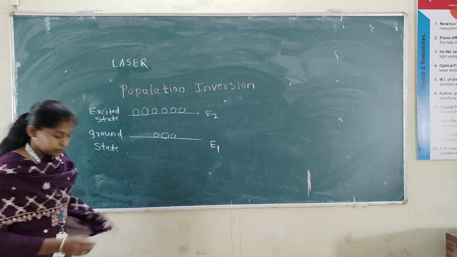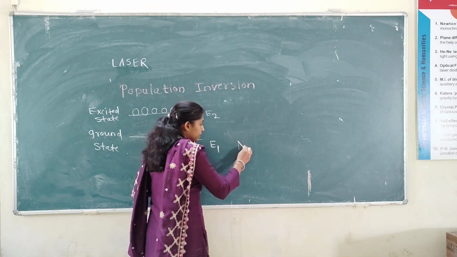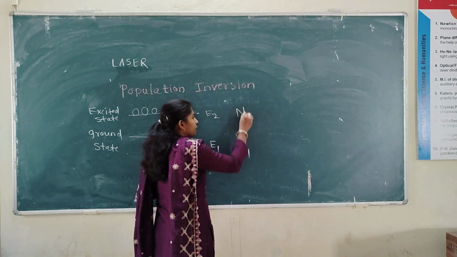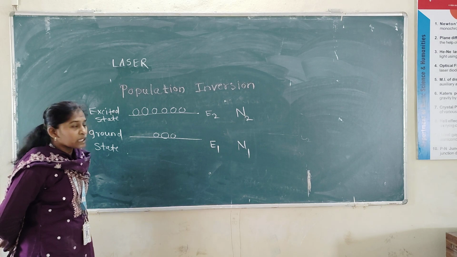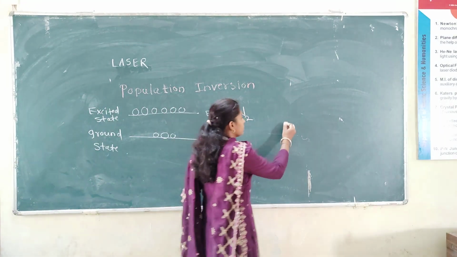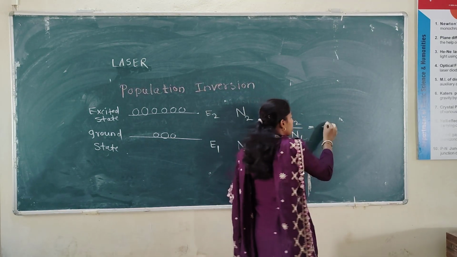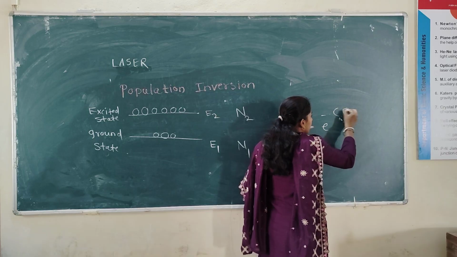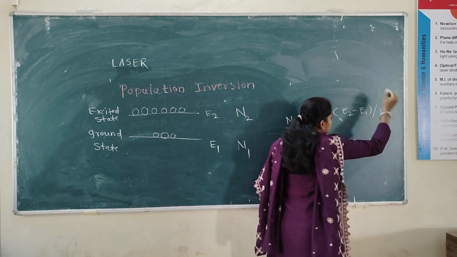Now the number of atoms in the ground state is N1 and the number of atoms in the excited state is N2. Then the population can be represented by the equation N2 upon N1 is equal to e raised to minus (E2 minus E1) divided by KT.